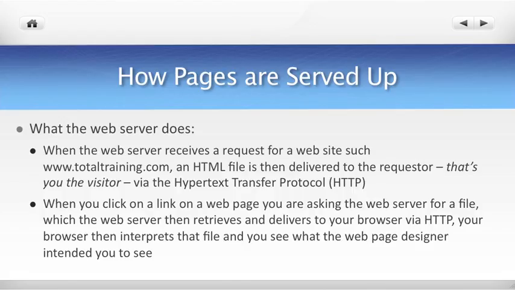When someone enters a website address into the URL field in their web browser, the web server interprets that request, locates the appropriate file, as defined by the HTML that you create, on the web server, and sends that file to the requester's web browser via Hypertext Transfer Protocol, or HTTP.